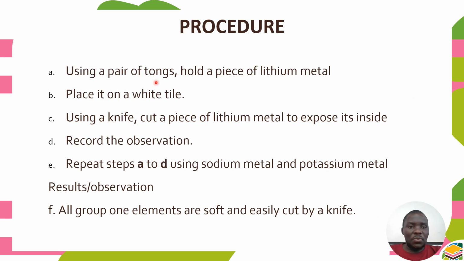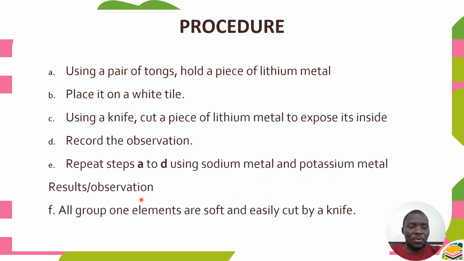The procedure: using a pair of tongs, hold a piece of lithium metal and place it on a white tile. Using a knife, cut a piece of lithium metal to expose the inside, since it's soft. Record the observation. Repeat steps A to D using sodium metal as well as potassium metal.